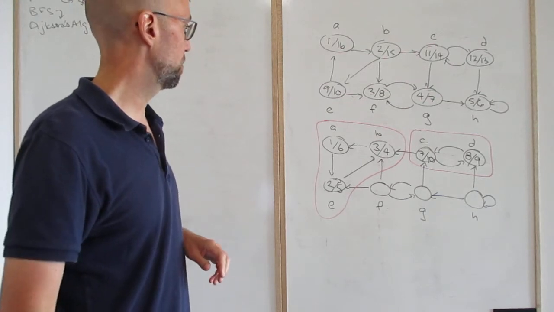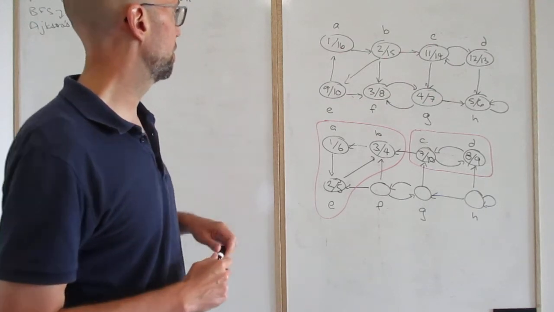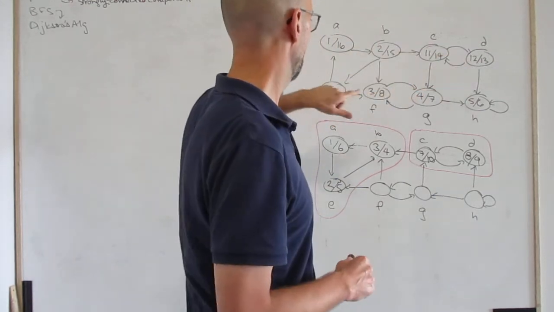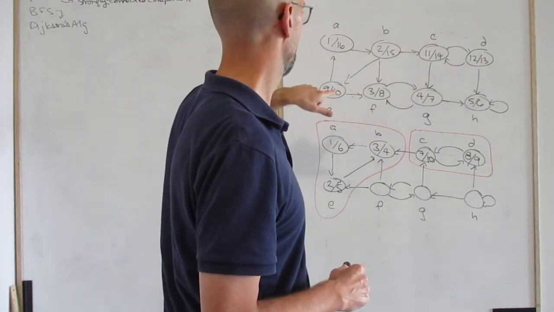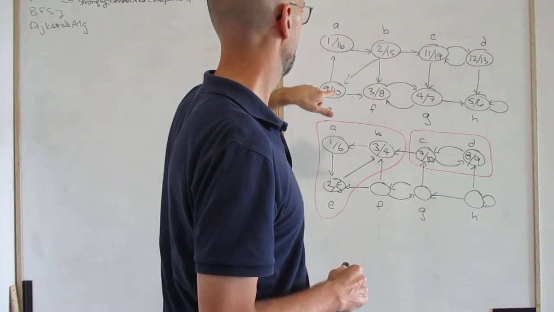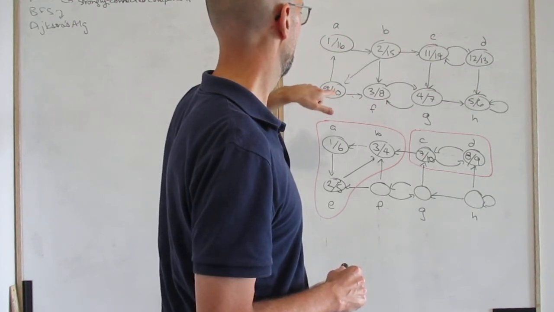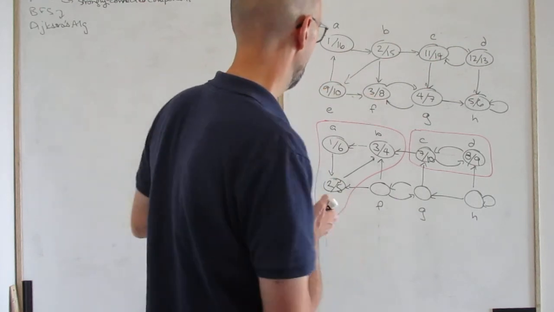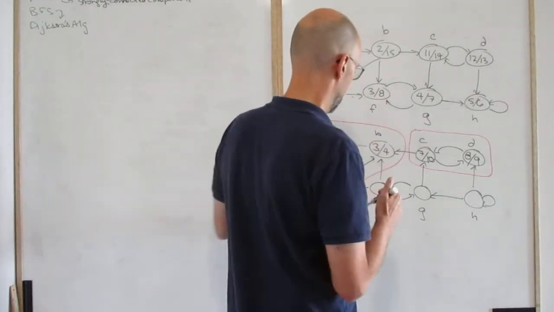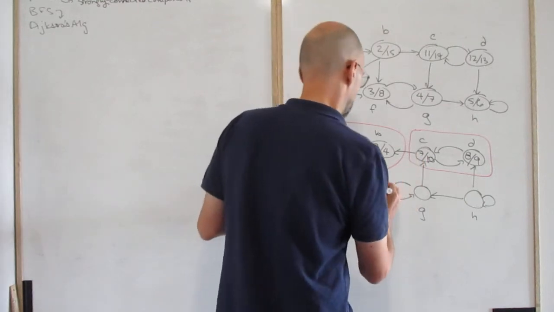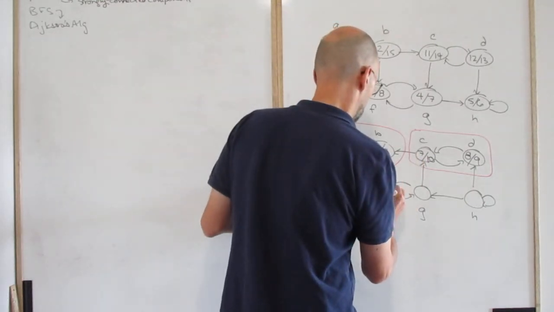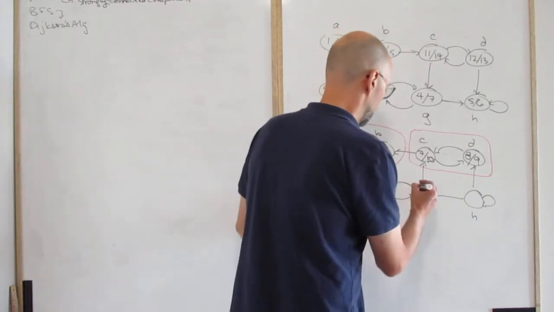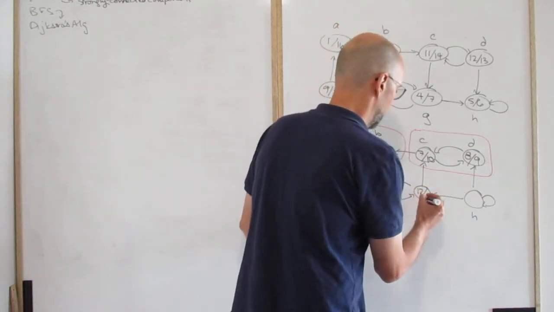And where else do we want to go? This is 14, 13, 16, 15, 14, 13, 12, 11, 10, 8. Right, okay. Next one is F. So we've done, so this is 11. And where can we go? We can go to G. So this is 12.